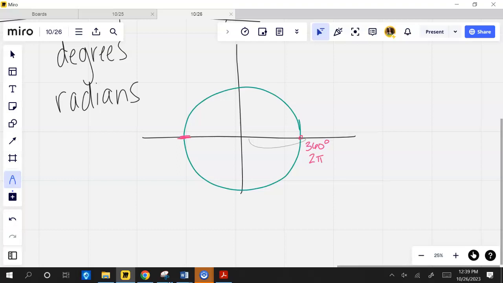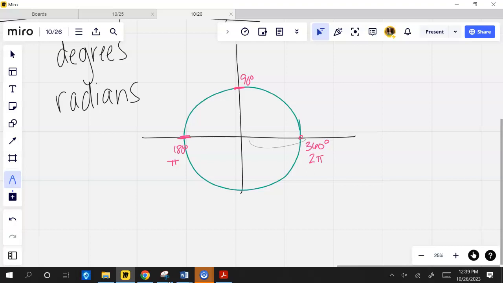Halfway around the circle, how many degrees am I in? 180 degrees. How many radians do you think that is? Pi. Pi radians. Up top, 90 degrees, which is how many radians? A half of pi radians.